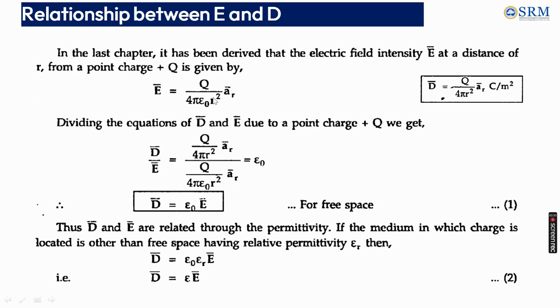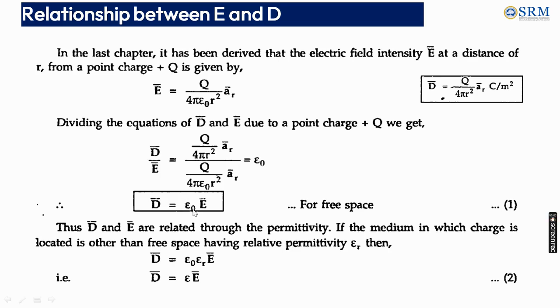If you take the ratio D divided by E vector, all the common terms get cancelled, and I get epsilon naught as the answer, because 1 divided by 1 by epsilon naught, that epsilon naught comes to the numerator. So D is equal to epsilon naught E. We can find that D and E are related through the permittivity of the medium, and this is the permittivity of free space.